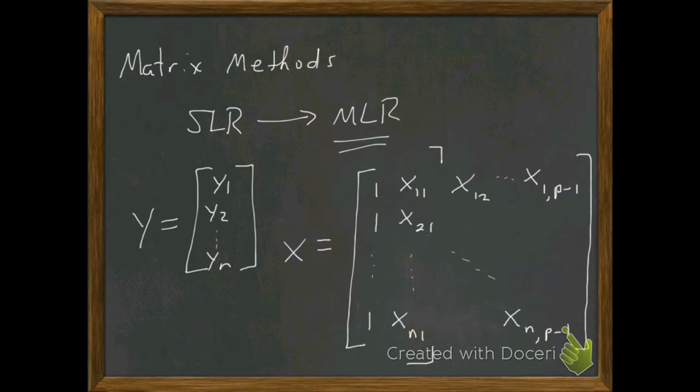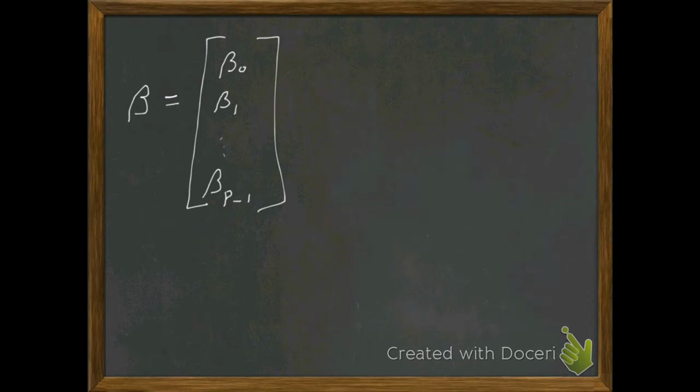But in multiple regression, we clearly have more going on. All right, gang, remember the coefficient matrix? It's going to look, again, a lot like before, except we're just going to have more betas.